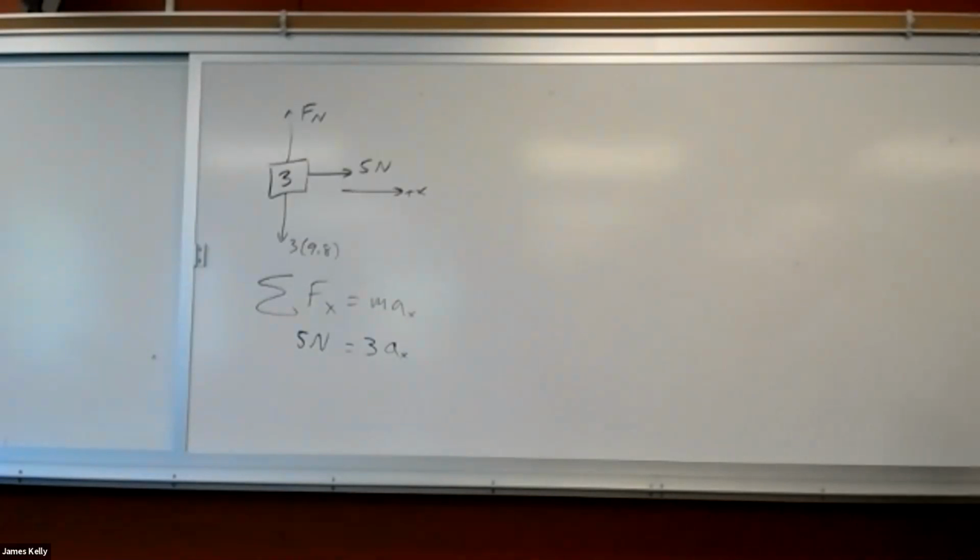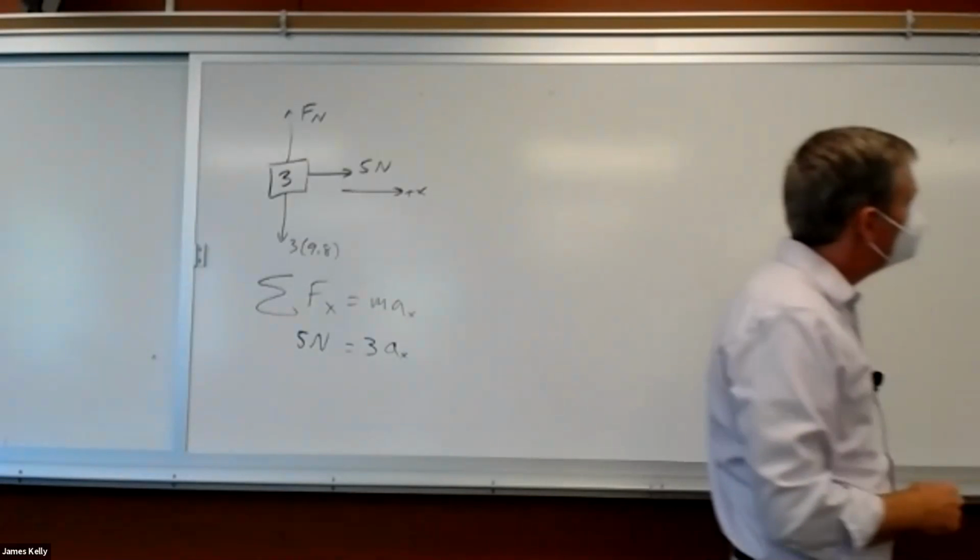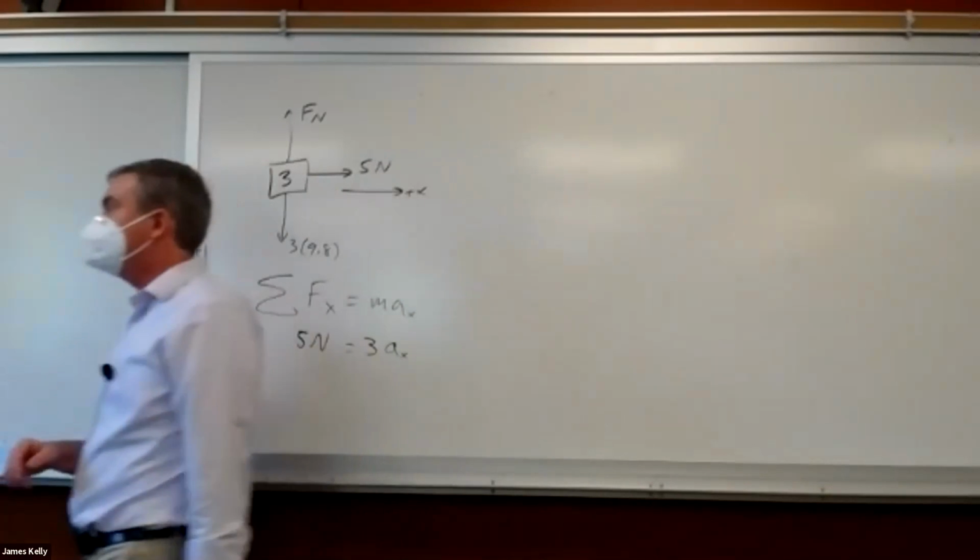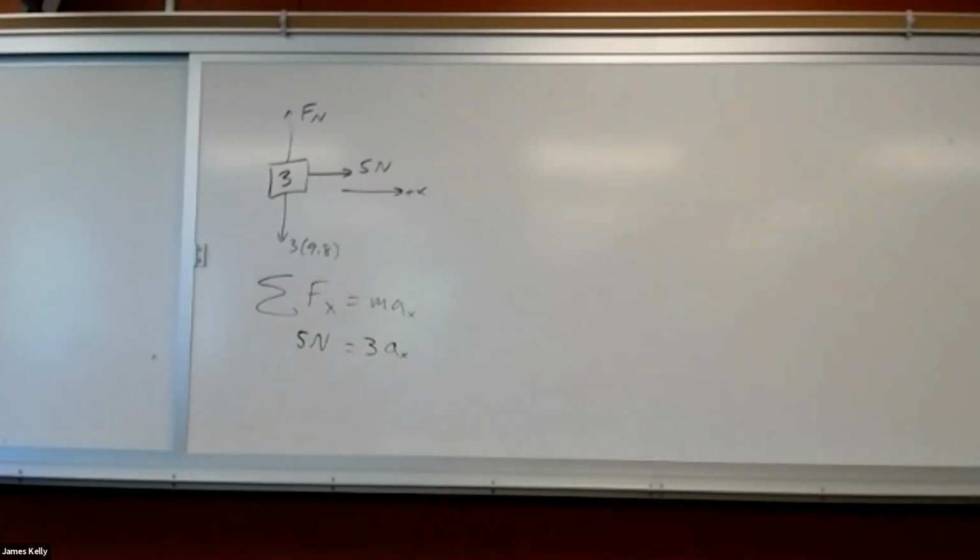Whereas for string 2, we're asked later on, what's the tension in string 2, and how do we get at that? Well, I can't use the 3 kilogram combined mass where I conceptually put them together because string 2 isn't an external force that's reaching in and pulling on it.